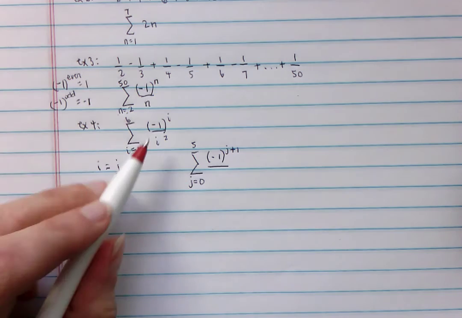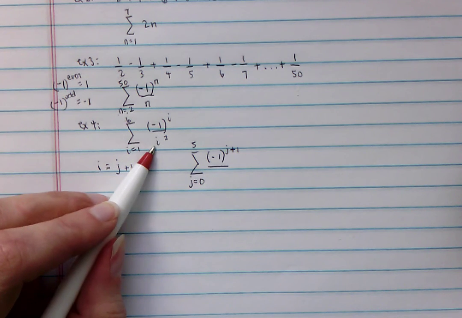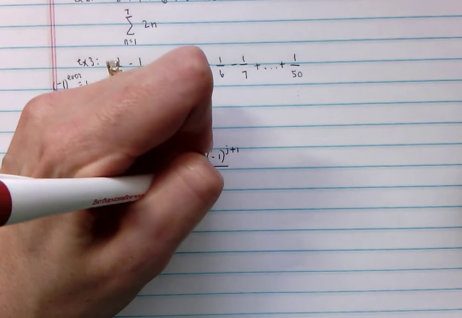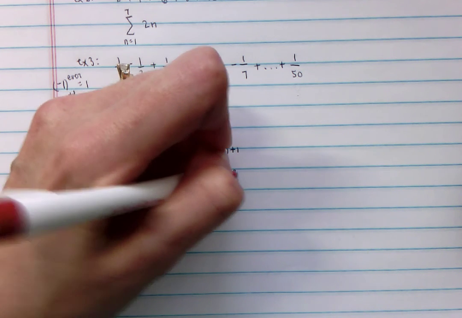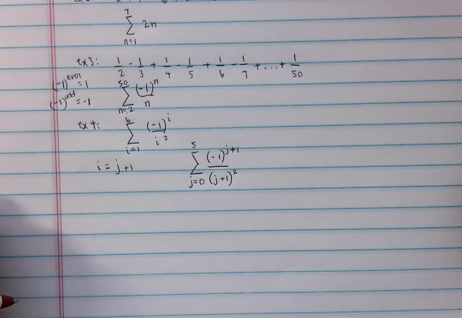And then here, instead of i squared, we're going to put it in parentheses and say j plus 1 squared. Okay? And so you can also check to see if these have the same 6 terms, but they should.